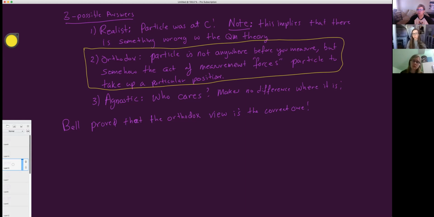If you're going to eventually open the box and figure out if the cat is alive or dead, then before that it's neither alive nor dead. That's the idea behind this paradox, which was meant to debunk the orthodox view. It was meant to be like, oh, look how stupid that is. Cats obviously can't be half alive, half dead.